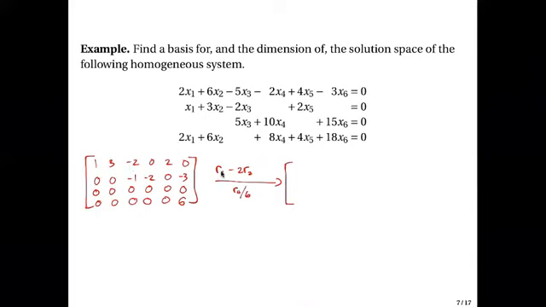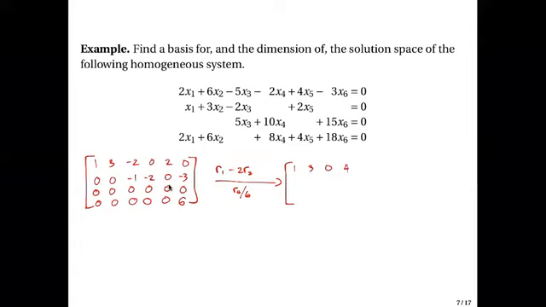So row 1 minus 2 row 2, you have 1 minus 0, that's still 1. 3 minus 0, that's still 3. And then minus 2 minus 2 times negative 1, so that becomes minus 2 plus 2, so that becomes 0. And then 0 minus 2 times negative 2, that becomes 4. Correct? 0 plus 4. So this is 4.